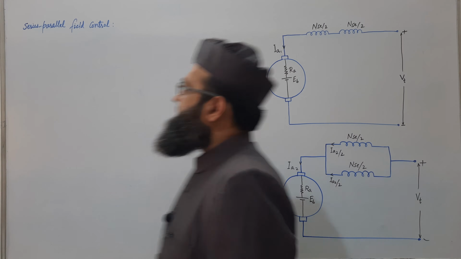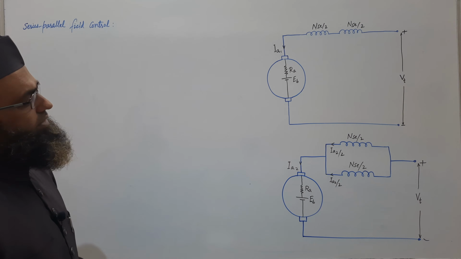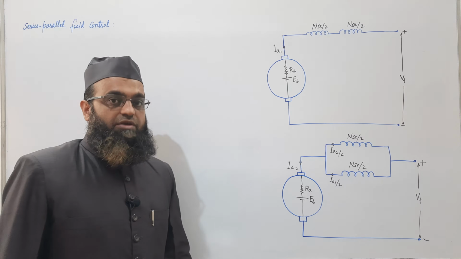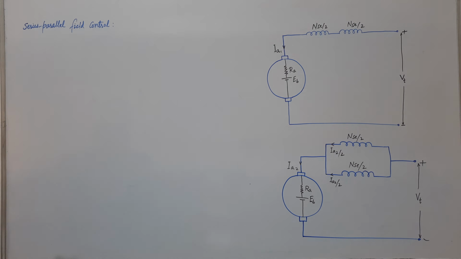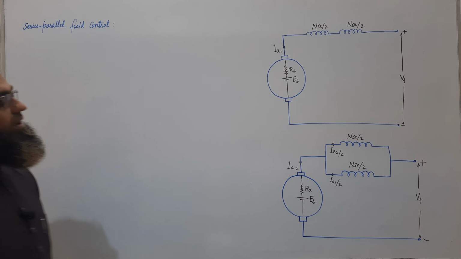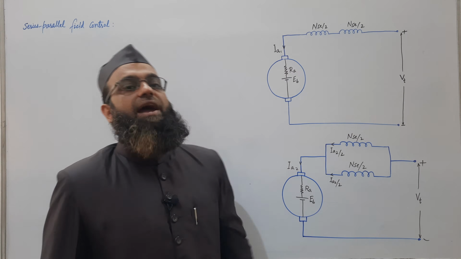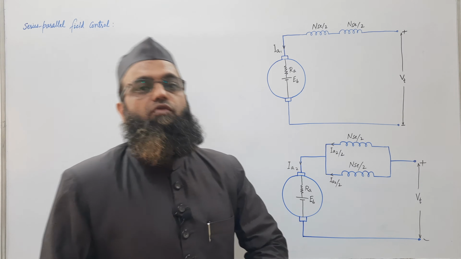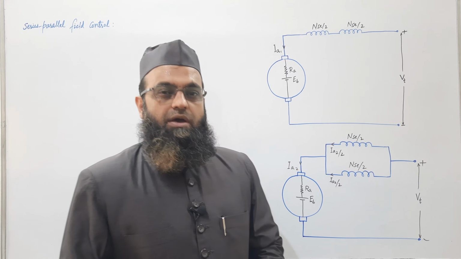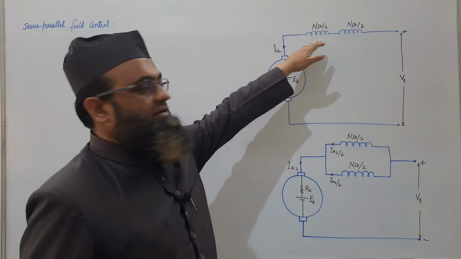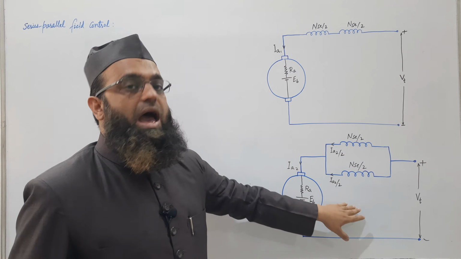Now let us discuss the third method of speed control of DC series motor using field flux control. This method is known as series parallel field control. In this method, the series field winding is divided into two or more equal number of turns and connected in series and in parallel.